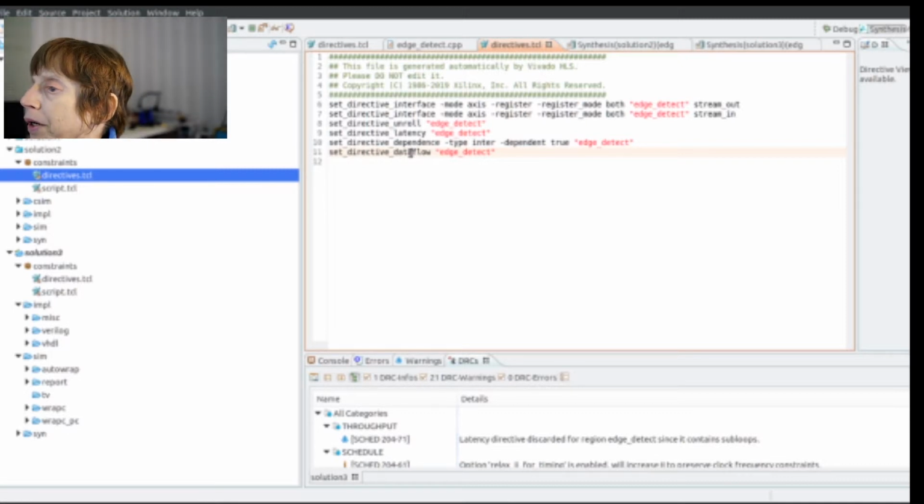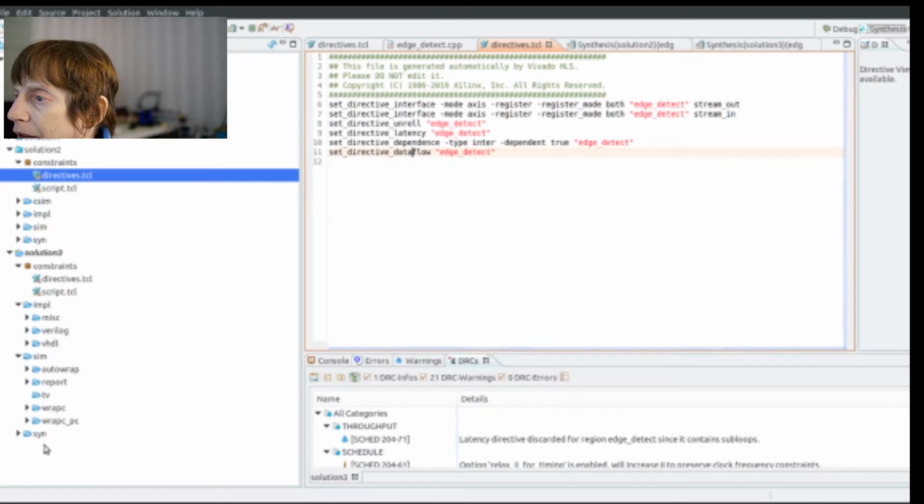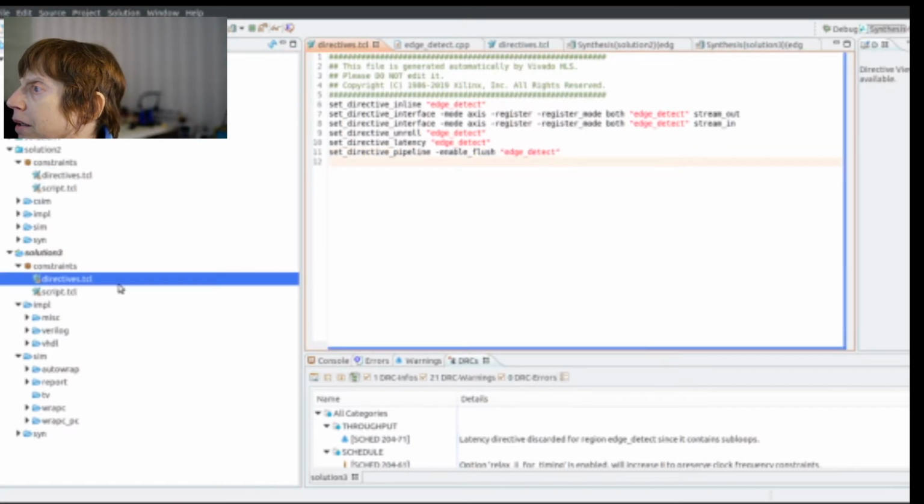And pipelining, which is what I used in this one, in solution 3. Pipelining.